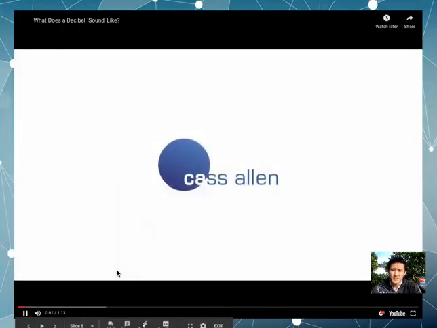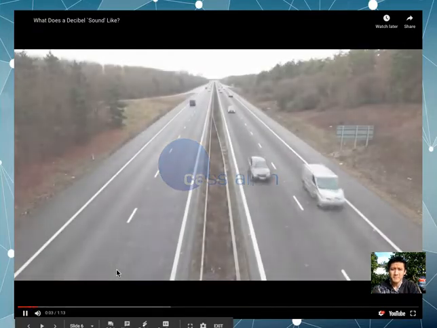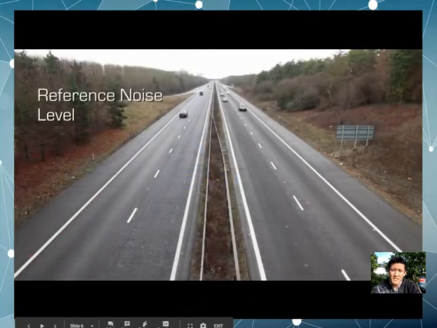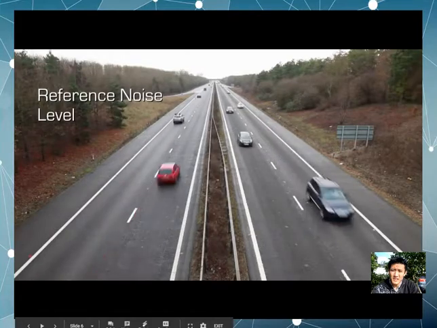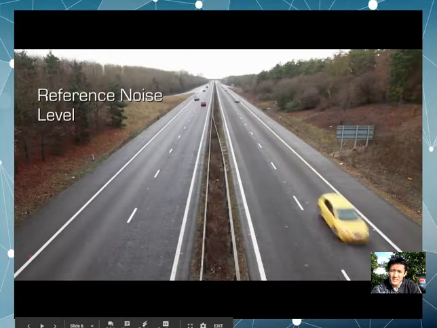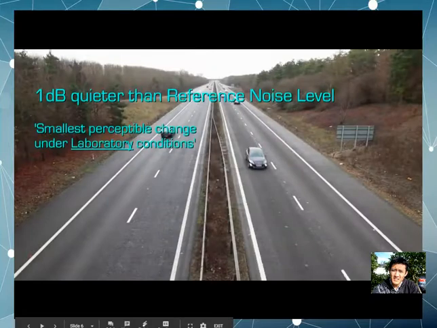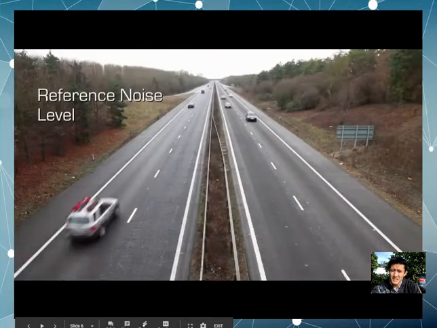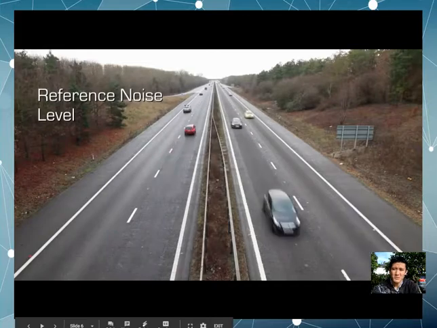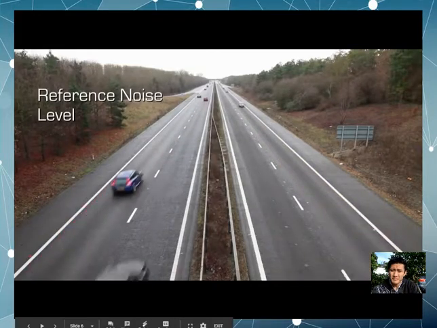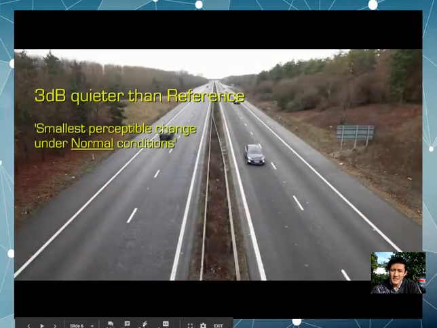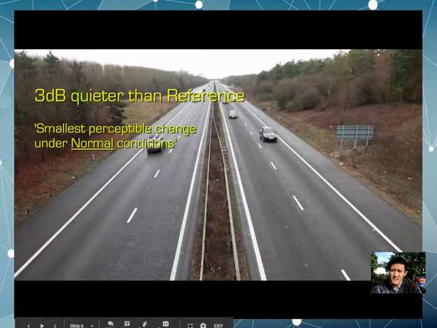So here's a little video that kind of displays the amount of decibels. So cars passing, if you're standing there. This is 1 decibel quieter than that first picture. So you can barely tell the difference between the two. 3 decibels quieter.